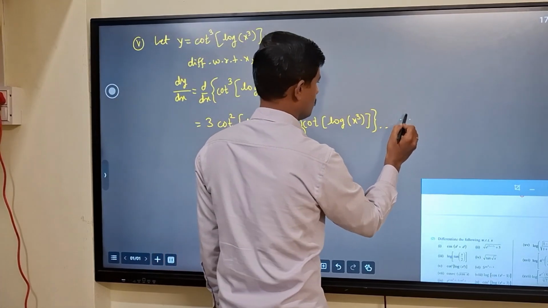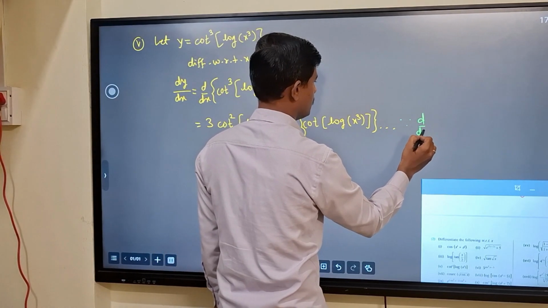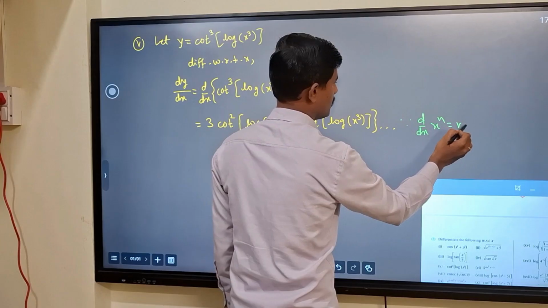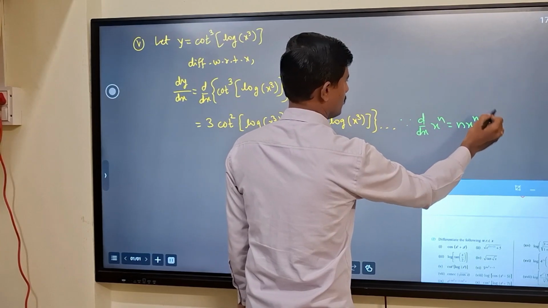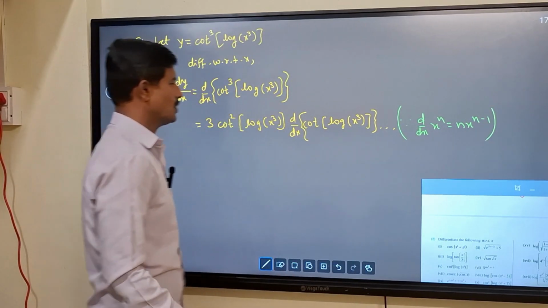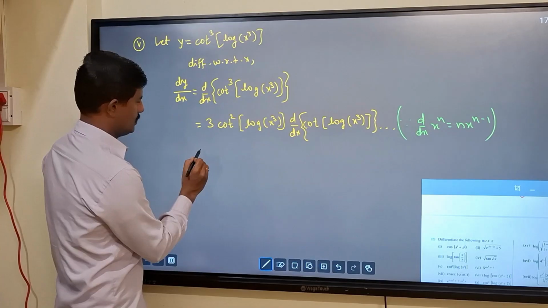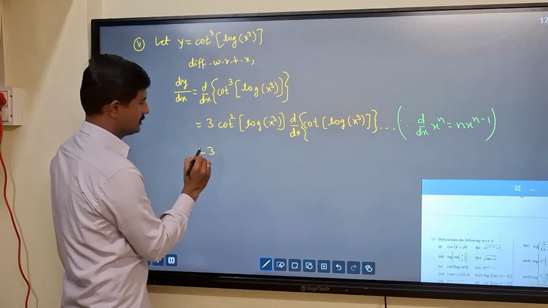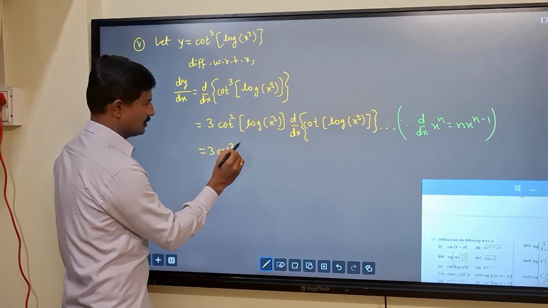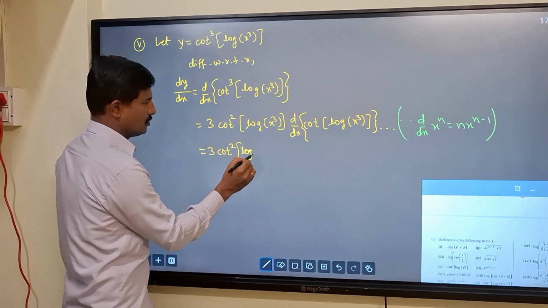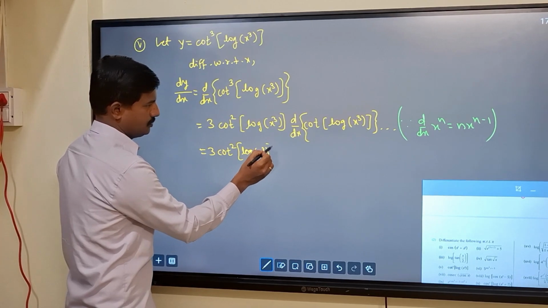Here we used the formula d/dx of x raised to n is n x raised to n minus 1. Now next, this will remain as it is, 3 cot square log of x cube.